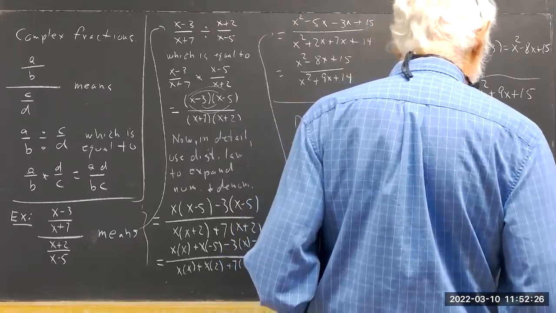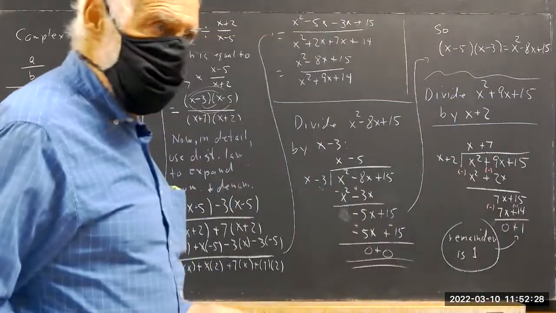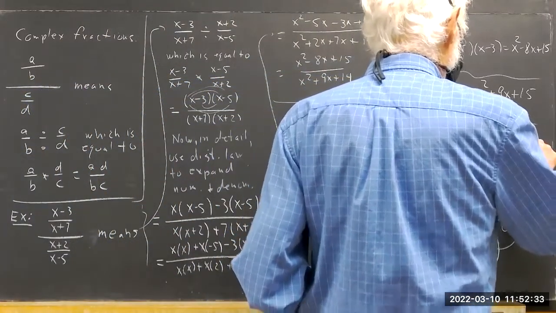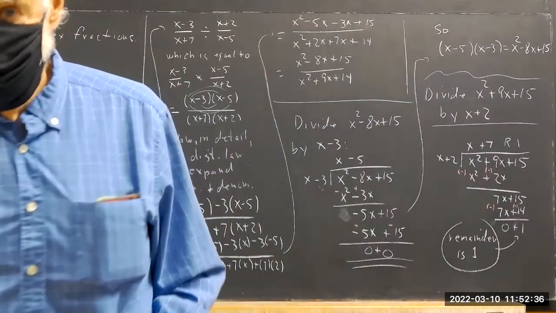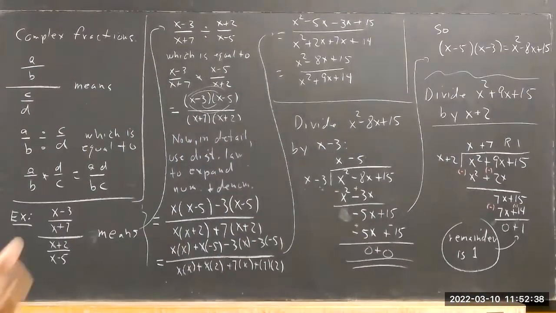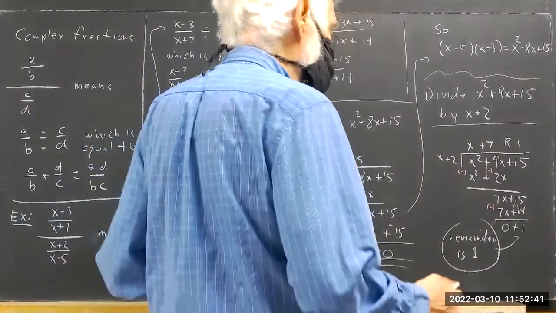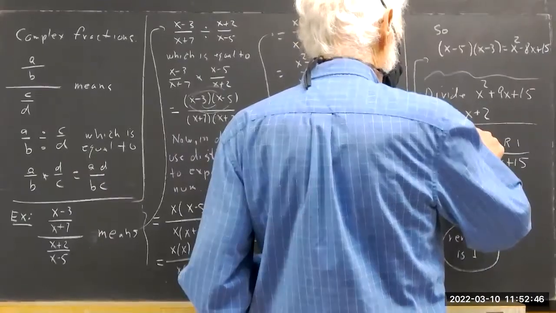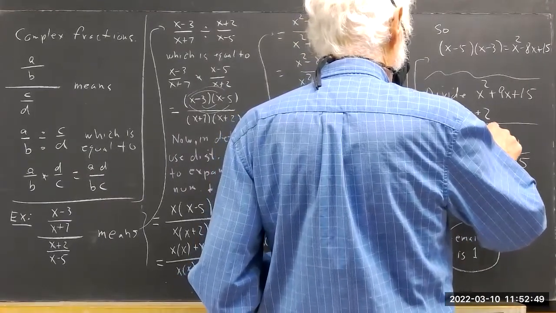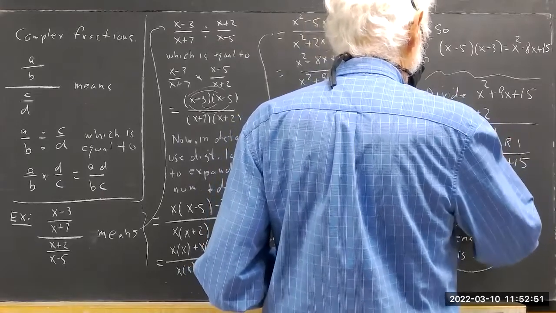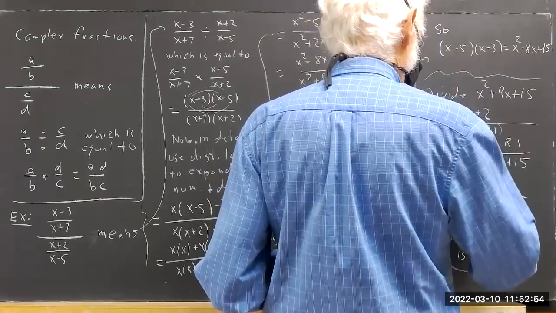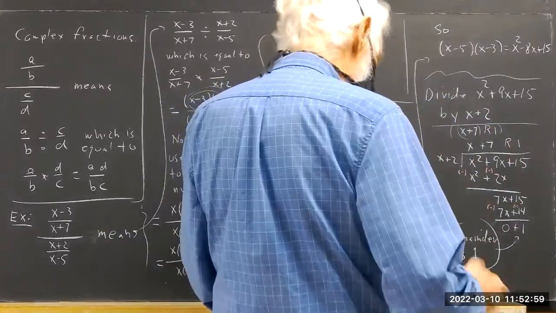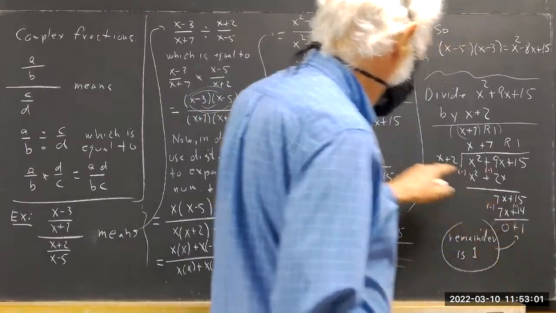The remainder is 1. And what do you do with the remainder? Well, you can write this as this with the remainder of 1. You probably learned to do that in 5th grade. Probably forgot about it if you didn't use it sometime. Okay. Or instead of writing remainder 1, remember you can write 1 over whatever this is.